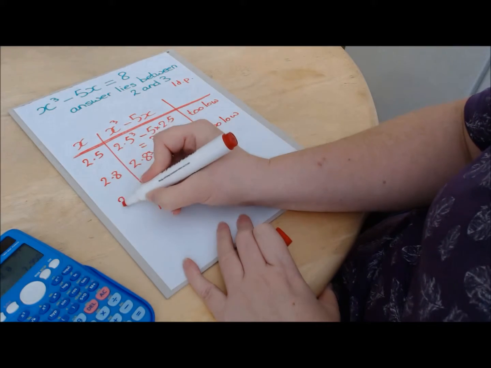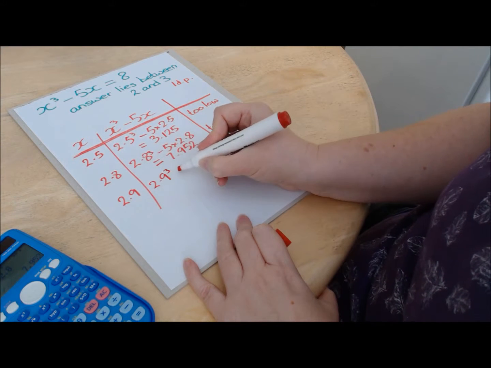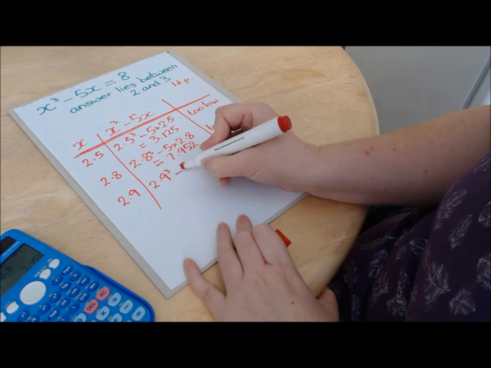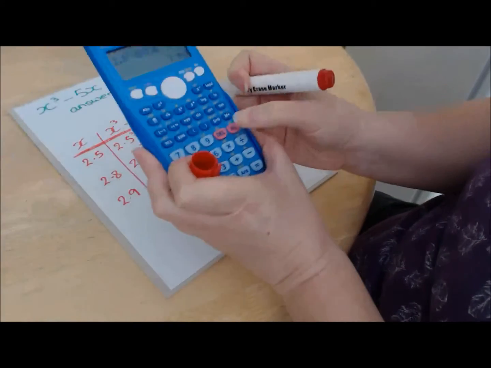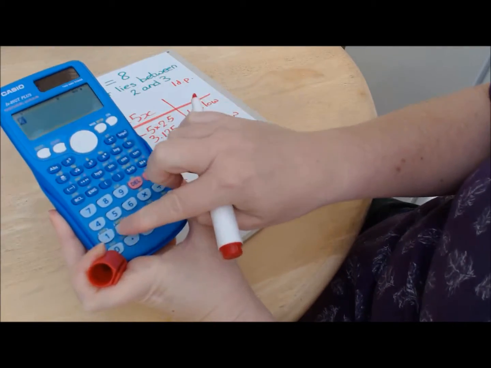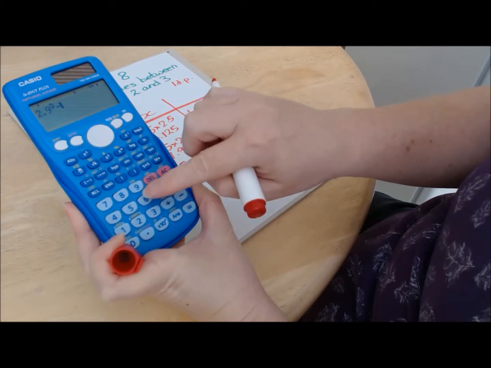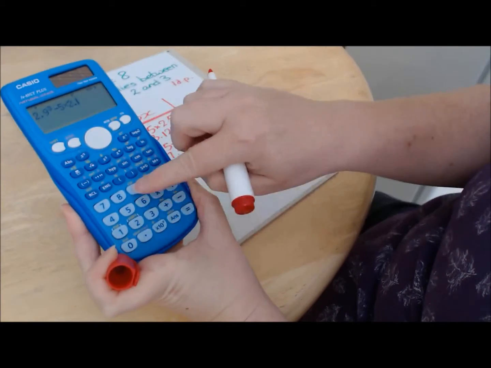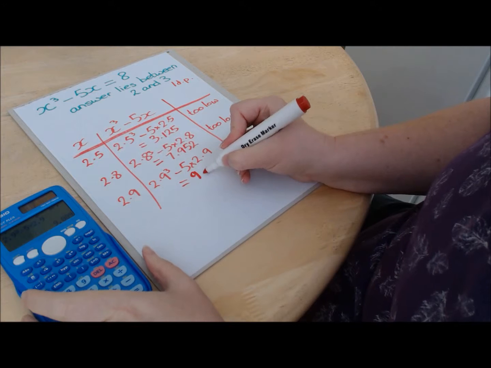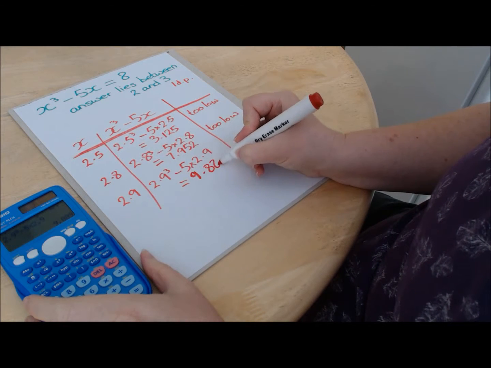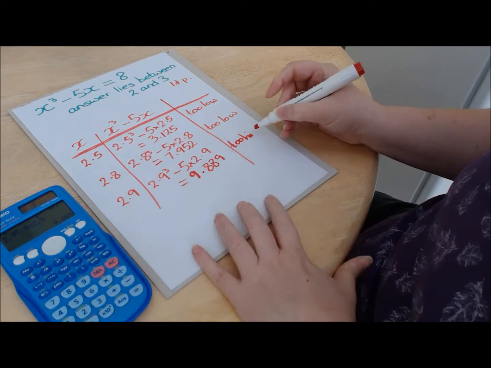So I'm now going to try 2.9 as well. So 2.9 cubed minus 5 times 2.9 equals 9.889, which is too high.